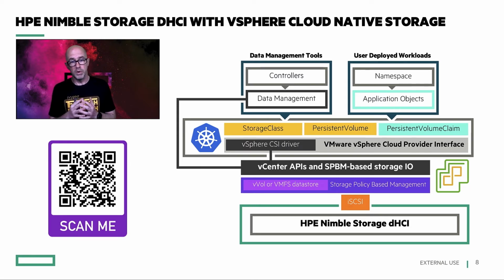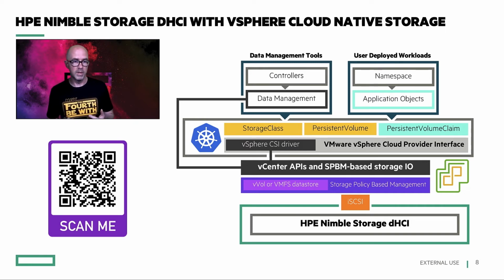And we run iSCSI today on Nimble for dHCI. You can also do Fibre Channel if you're using the array. And one important aspect here is if you want to perform data management, like creating virtual machine snapshots and such, your data management tools need to be able to go through the vCenter APIs to perform those operations, right?